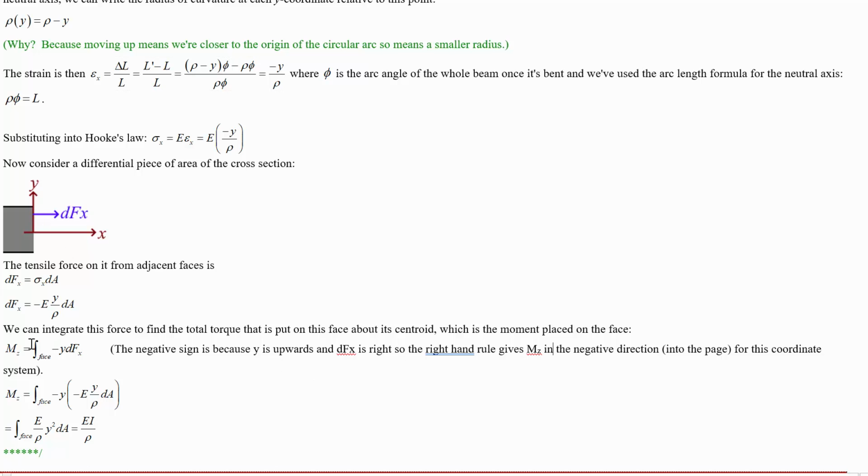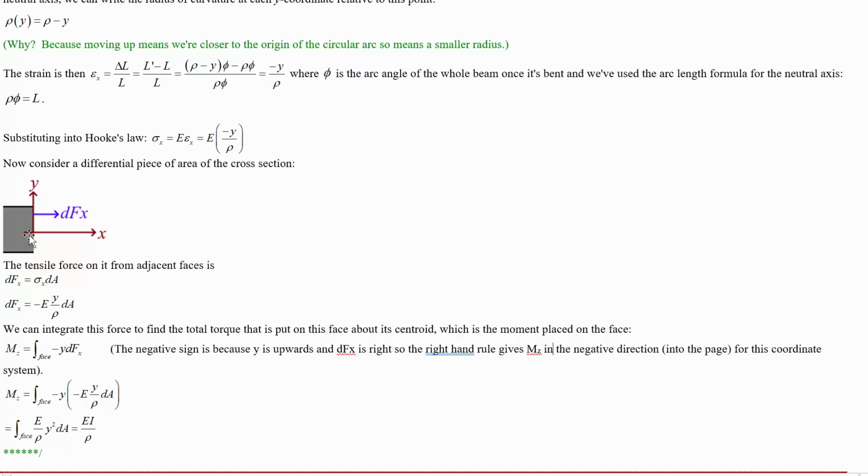So the moment that is put on the face from those stresses is equal to the integral of negative y times this little bit of force. Why negative y? Because if you use the right-hand rule, a step up and dF to the right, with tension being the default for sigma, tells us that we've got a moment into the page.